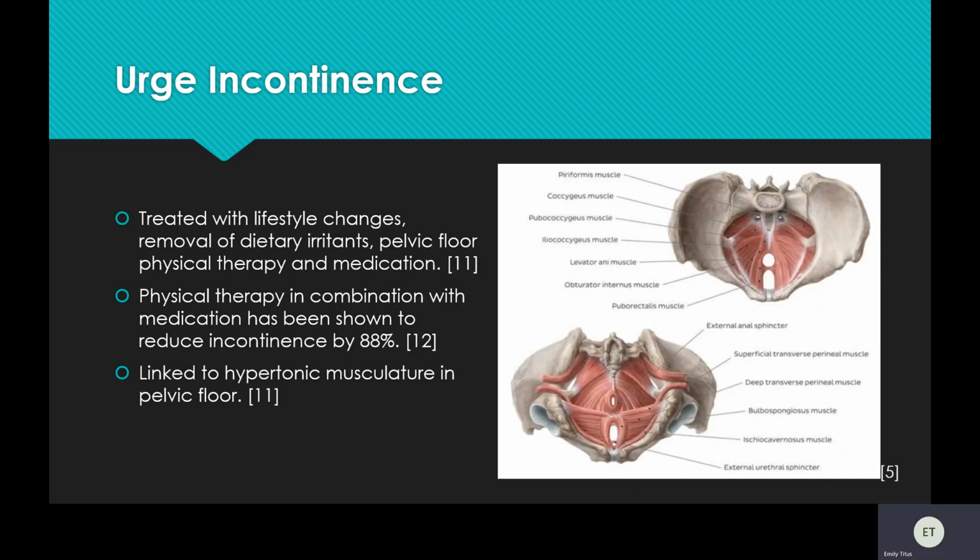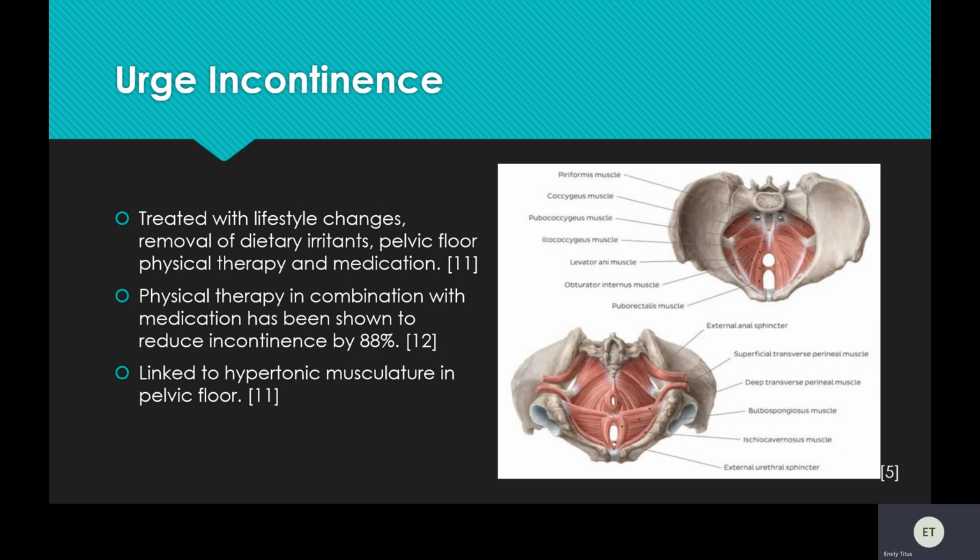So here we have that slide of the anatomy again, mostly because here we see that all of the muscles down on the bottom photo, more of the superficial group of muscles, if they're in spasm, they're going to be pulling on your external urethral sphincter.